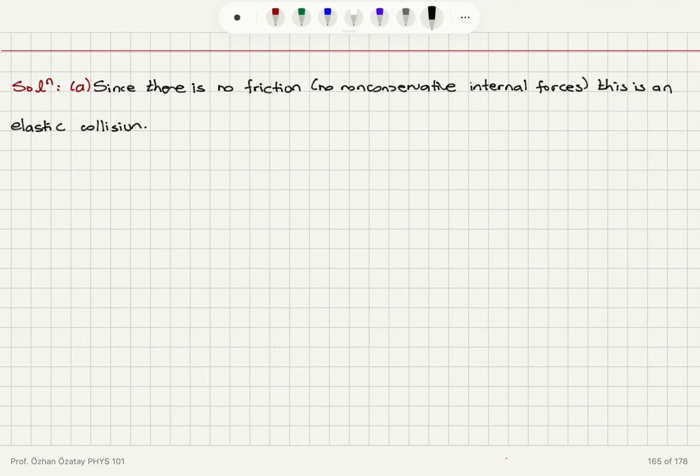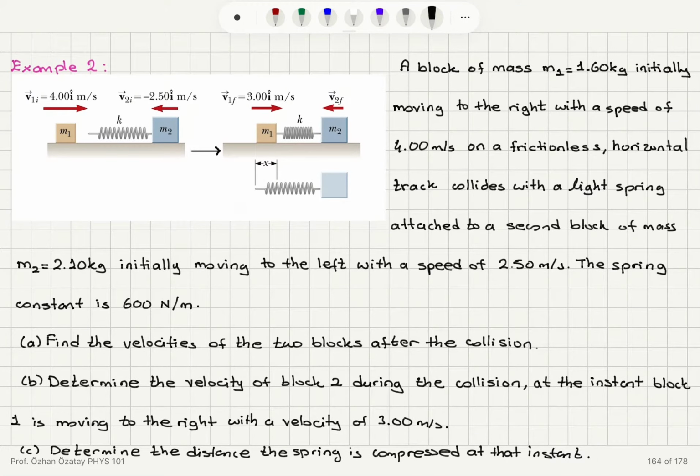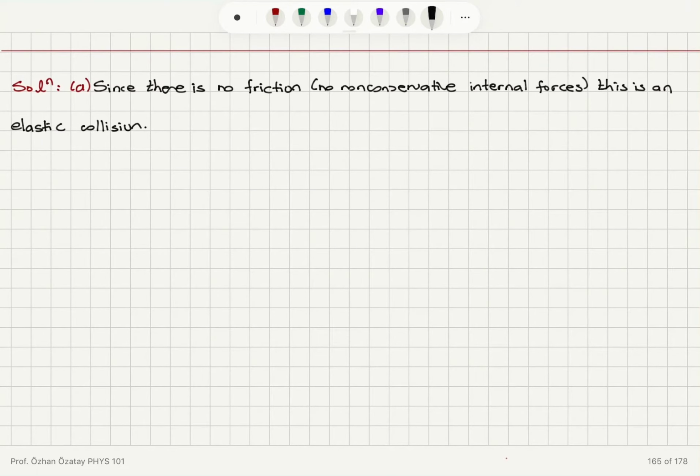Okay. For the system of m1 plus m2 on the x-axis, so this is my x-axis, I don't have any net external forces acting on the system. Net external force on the x-axis is 0. Therefore, linear momentum must be conserved on the x-axis.